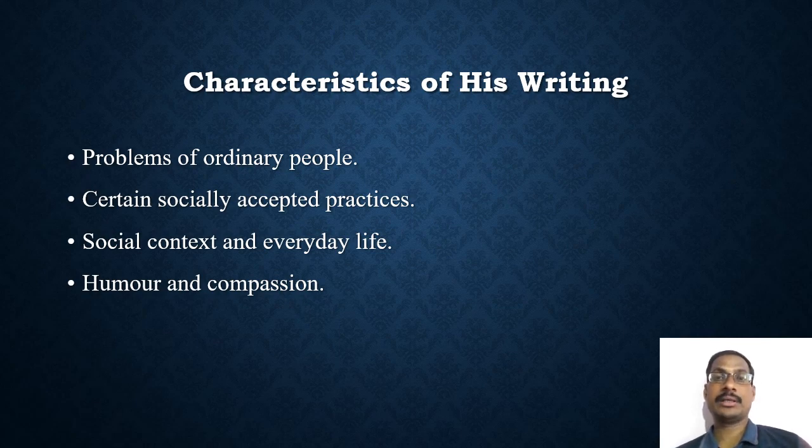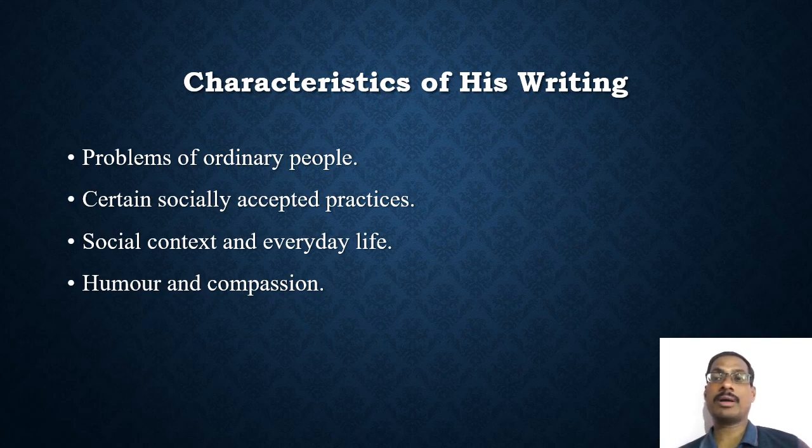But especially if you focus on his novels, we could see the important characteristics of his novels are the depiction of social context, and also the everyday life of his ordinary characters. In most of his novels, the characters are from the common class of society, or they are ordinary people. And the novels depict their day-to-day life, their routine life.